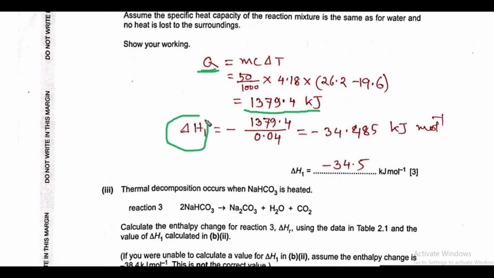So ΔH1 enthalpy change will be energy transferred divided by number of mole. Number of mole 0.04 mole is given. So you will get 34.485 kilojoule per mole, or you can write 34.5. Why minus sign? As you know, temperature is increasing, so this reaction is exothermic. For exothermic reaction, delta H value is negative. That's why ΔH1 is minus 34.5 kilojoule per mole.